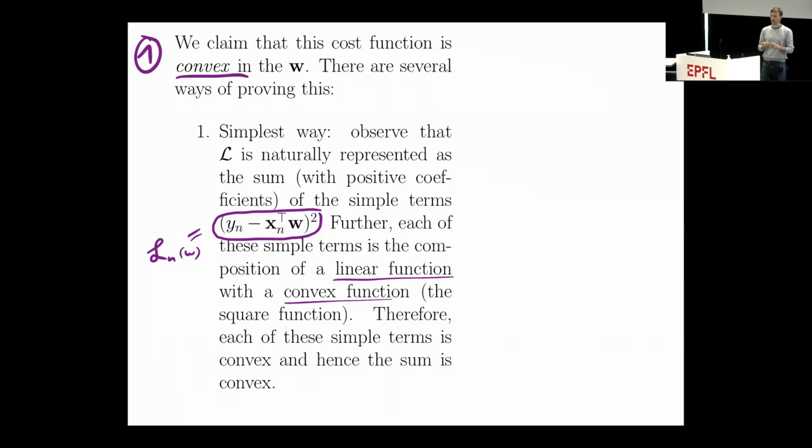You might ask if I can take any convex function and stick it into another convex function, and then the composition is also convex. But that's actually not true. You can think about it if you want. There are some easy counterexamples.